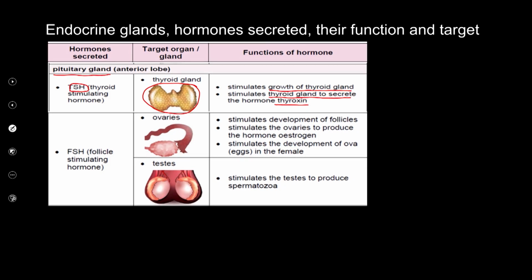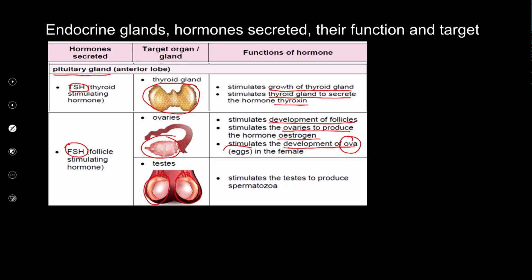Then, still on the pituitary gland, it secretes the follicle stimulating hormone. The follicle stimulating hormone will target the ovaries in the females and the testes in males. So what would be the function of this follicle stimulating hormone? In the females, it stimulates the development of the follicle and stimulates the ovaries to produce estrogen, and again stimulates development of the ova.